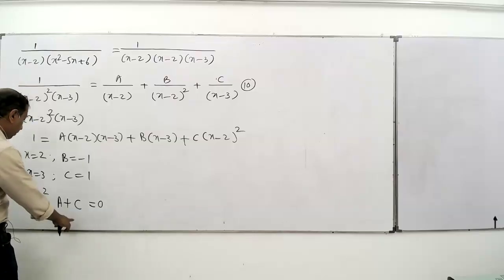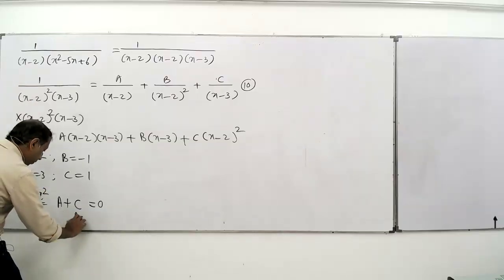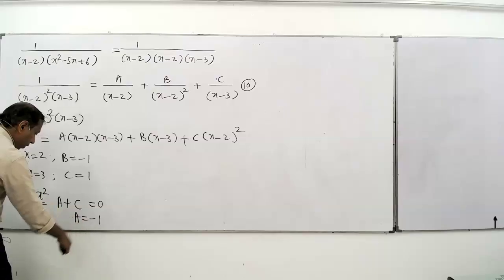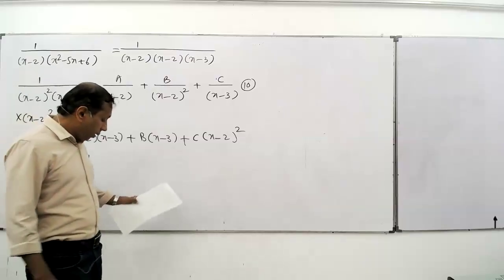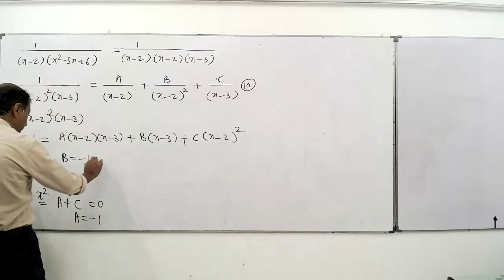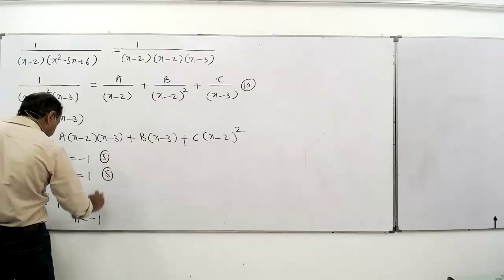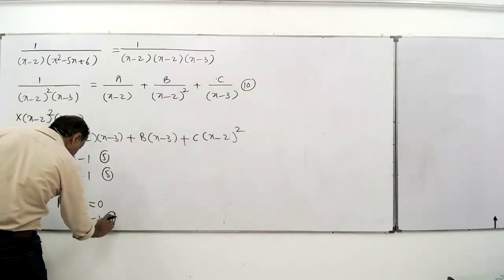Then A equals minus C, and since C is 1, A is minus 1. Then we get marks like this: 5 here, 5 here, 5 here.